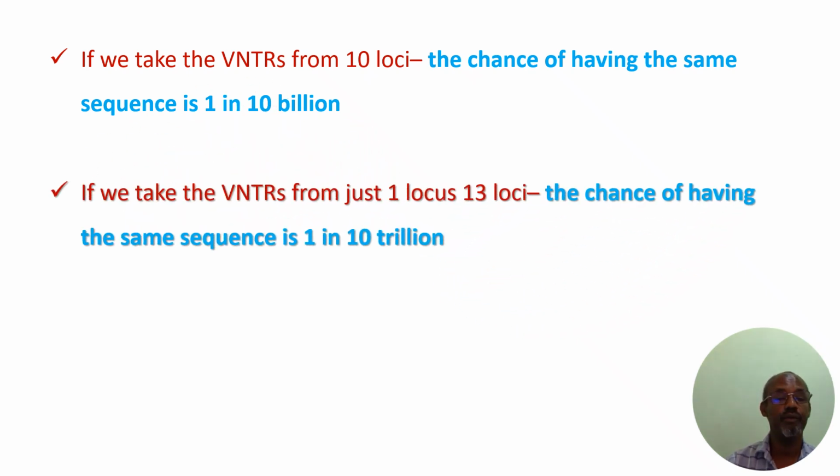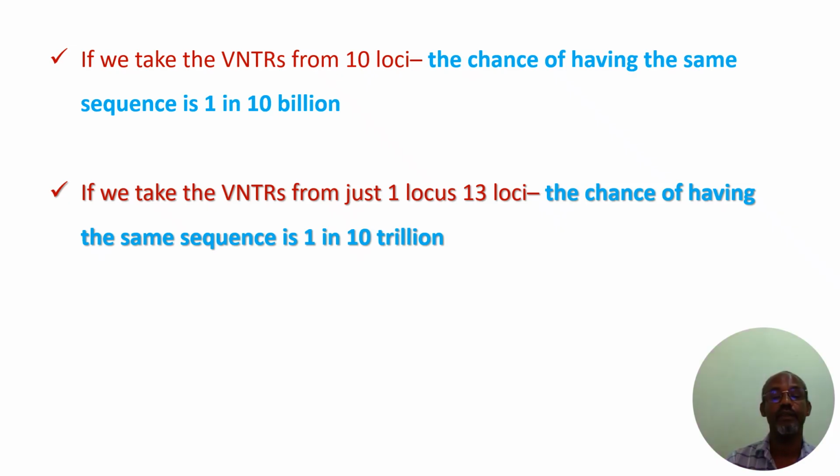What will happen if we take the VNTRs from just 13 loci?